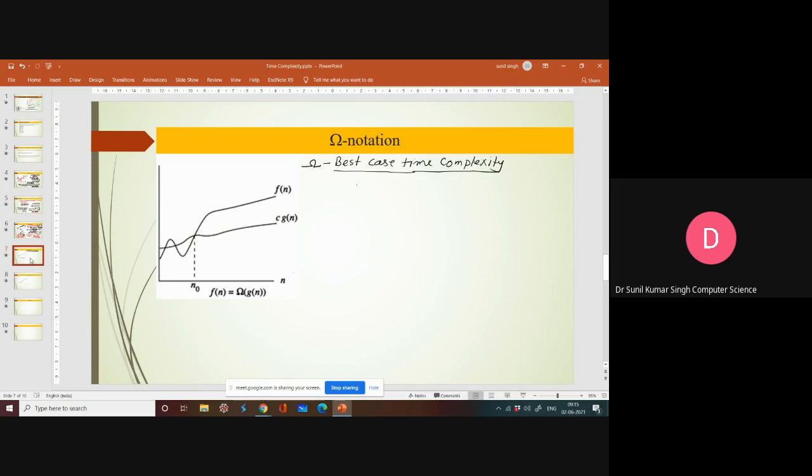Now, if we are going to define this notation, how can we define it?